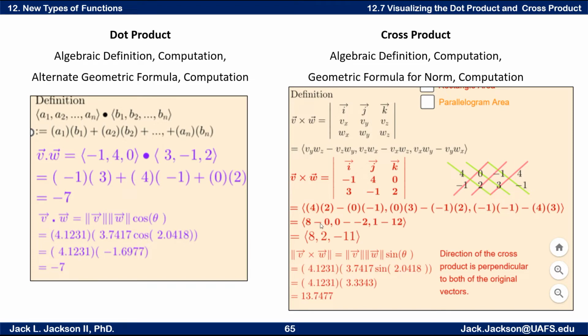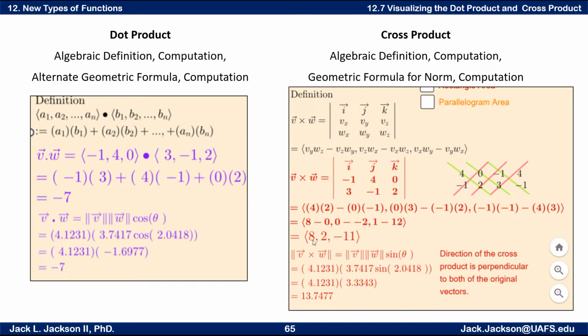So this gives you the 8, 0, 1, minus 0, -2, 12. So it still gives you basically this point right here. So you can get (8, 2, -11) that way if you'd rather. There's sort of two different ways to look at it. So there's the vector, okay?